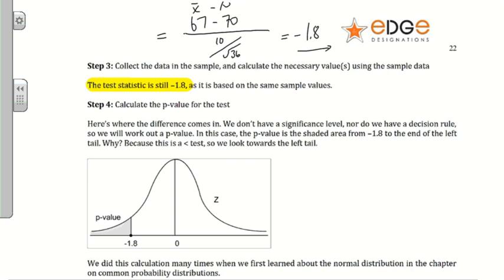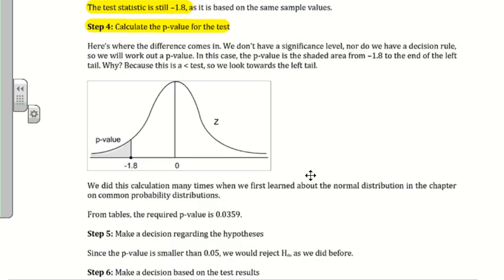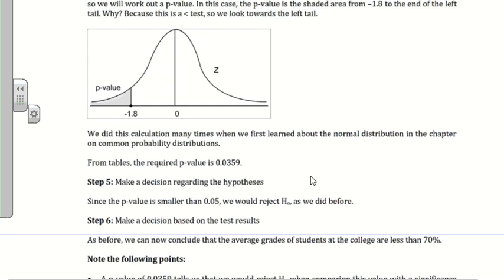Step 4 is where the changes come in. Step 4 is to calculate a p-value for the test. What is a p-value? Well, hold on a second. I've got a number of 1.8, negative. What is that in terms of numbers? Remember, guys, what am I dealing with? I'm dealing with a Z table.